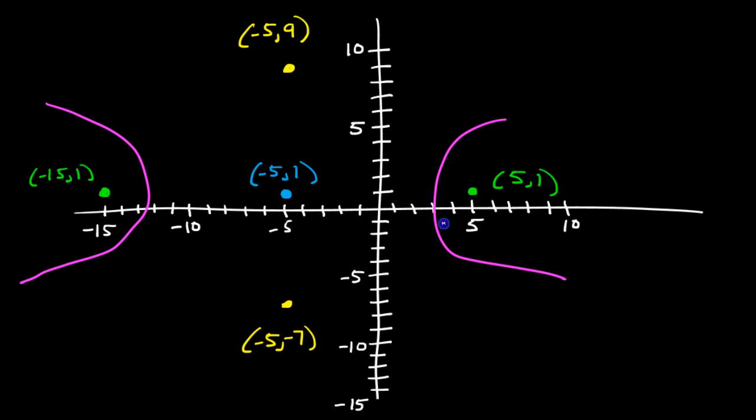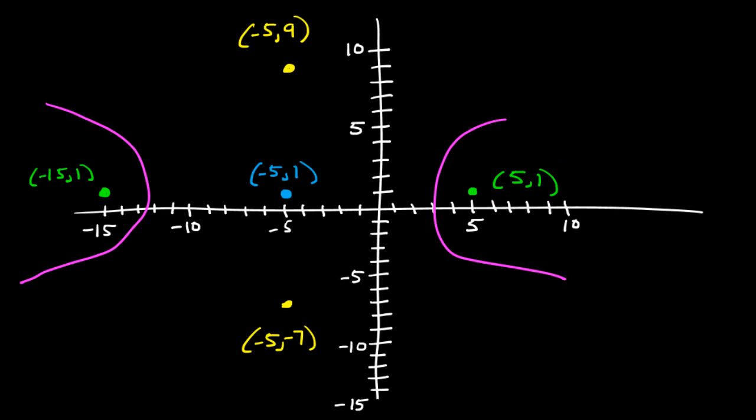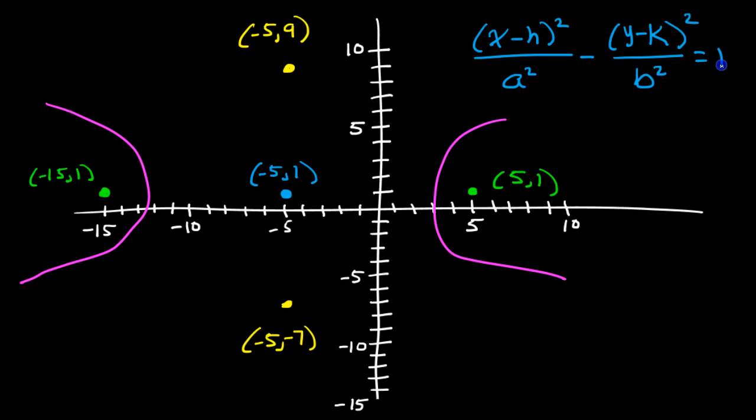So whenever a hyperbola is horizontal like this, the x term goes first. So I'm dealing with this model of a hyperbola. It should be x minus h squared over a squared, minus y minus k squared over b squared is equal to 1. So this is what the standard form equation should look like.